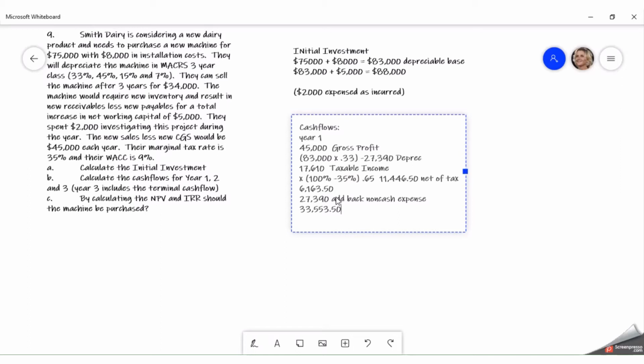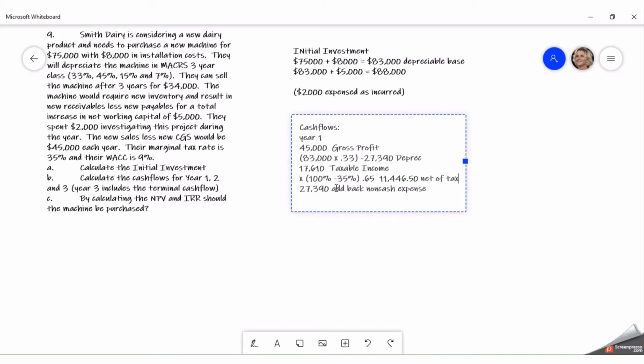I think I did something wrong here. I subtracted it from the tax amount instead of the net of tax.